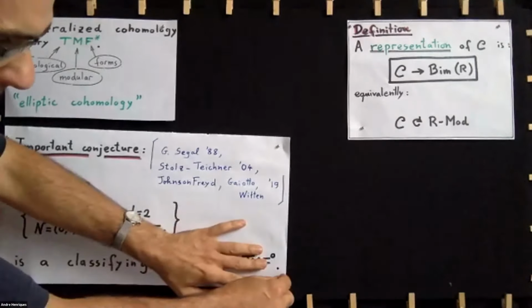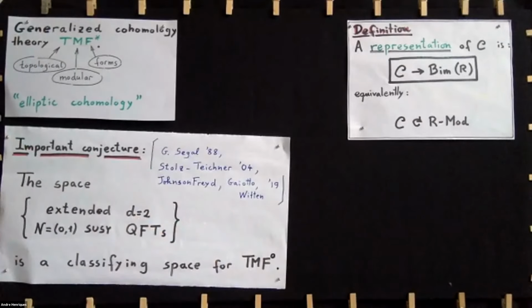It was first formulated by Segal, and it wasn't formulated in a very crisp way, because if you see the date, '88, that's before TMF was even on the market. Then Stolz and Teichner spent a huge amount of time trying to make some progress.